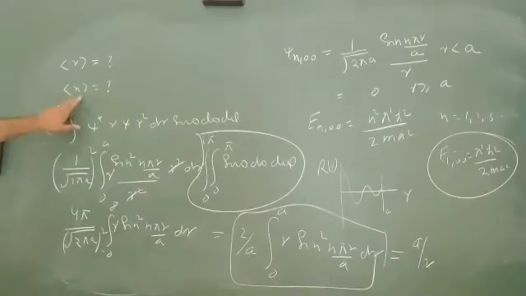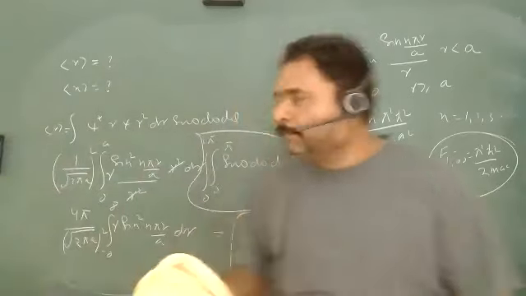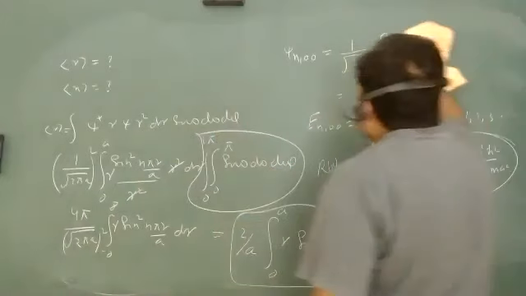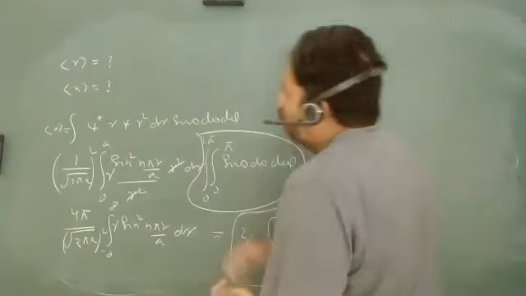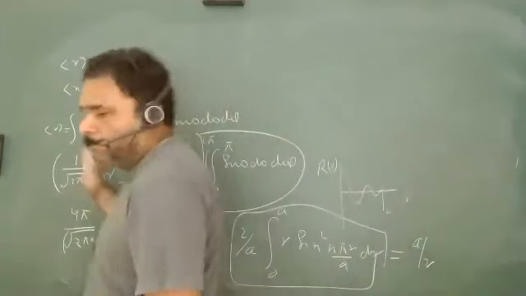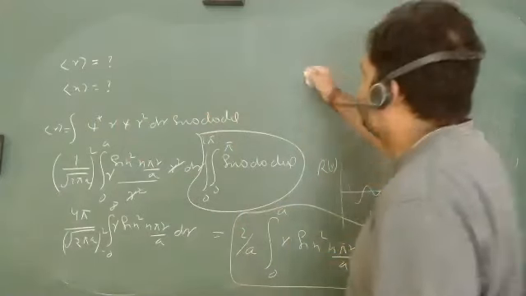Now, what will be the expectation value of x? So let's go for the expectation value of x. And yes, you can verify it with the radial part also. Just try to verify it from the radial part, you will get the same answer.